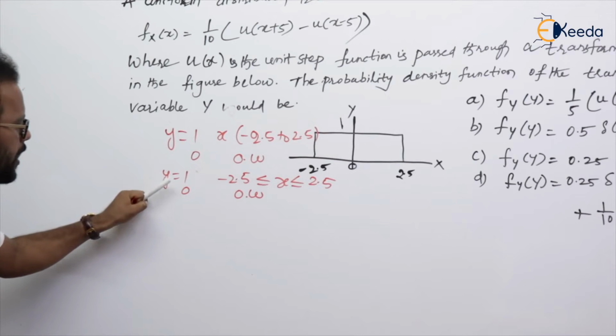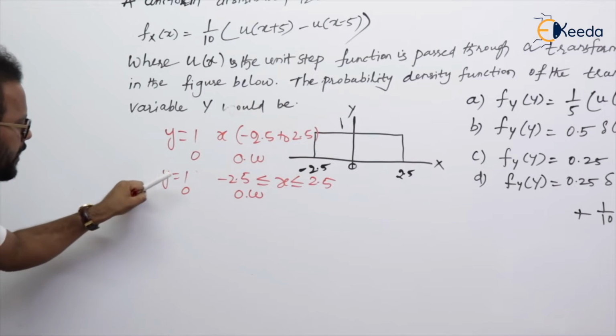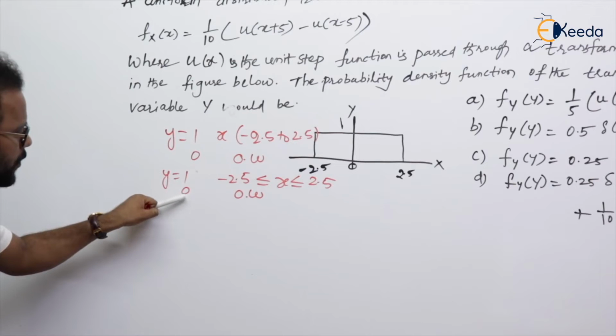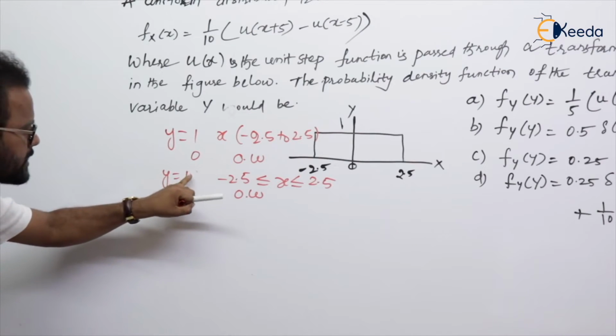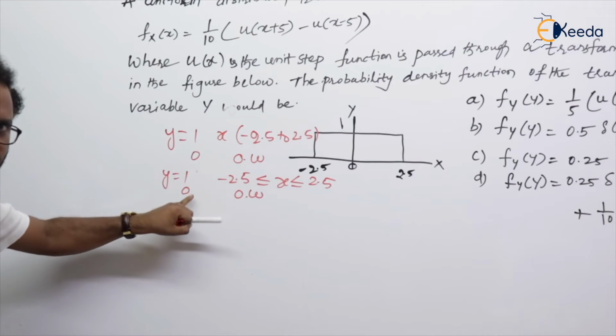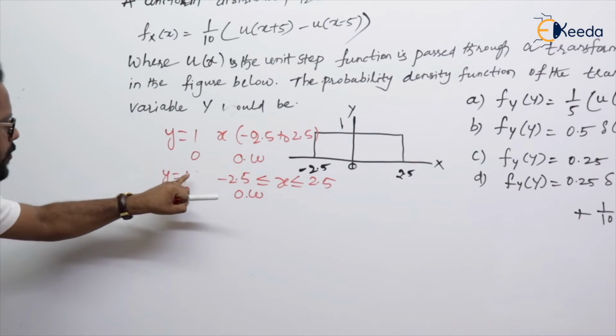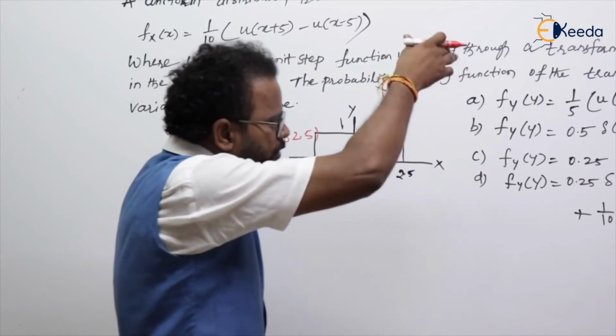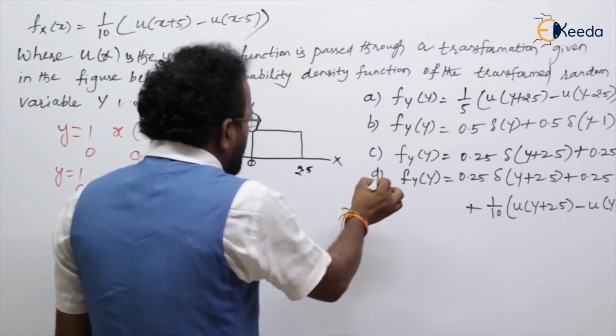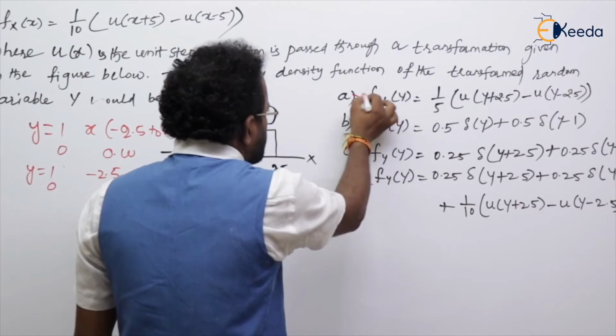If you see the y random variable, it has only two values, either 1 or 0. Existing only at a point is nothing but impulse signals. So if you see the four options, I can avoid two options.